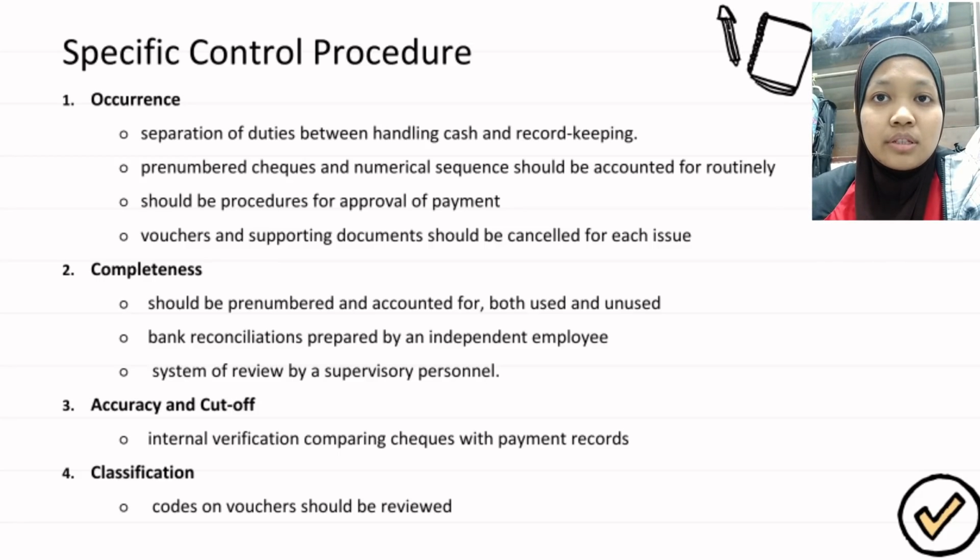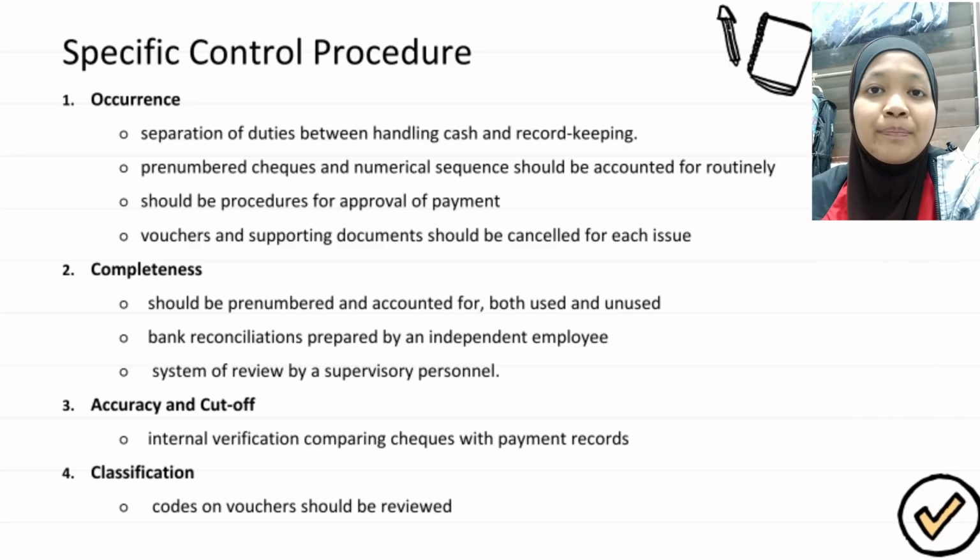There should be a procedure for approval of payment sebelum cek tu ditandatangani oleh orang yang berkuasa ataupun orang yang diberi kuasa. Vouchers and supporting documents should be cancelled for each issue.